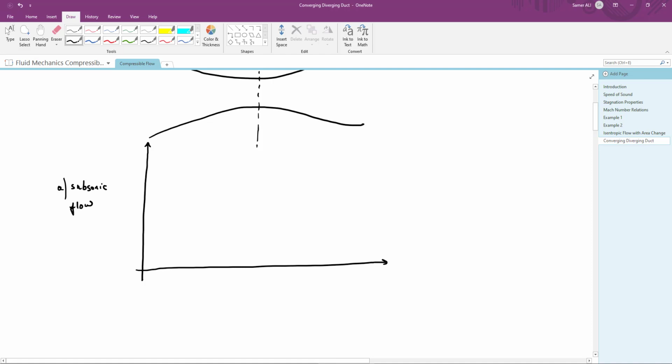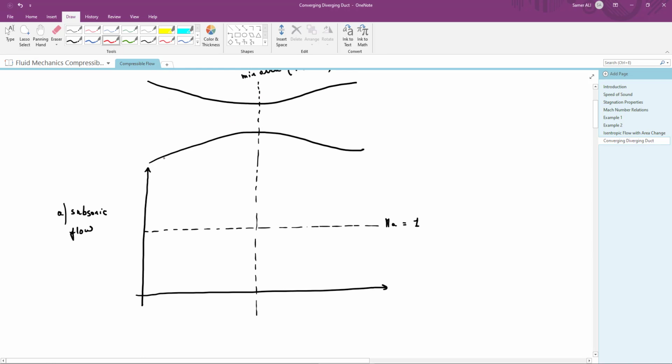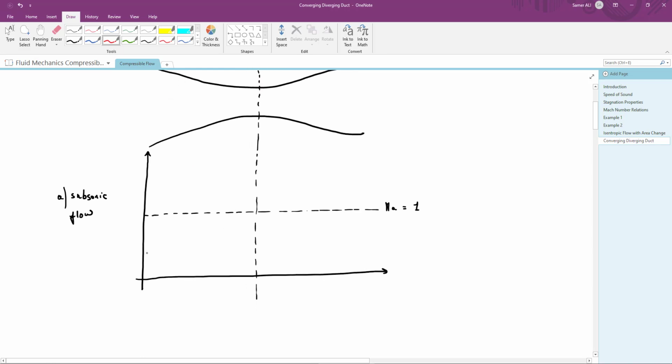Let's extend this line here to indicate the location of minimum area, and we will also draw a line to indicate the value of Mach number equal to 1. Now, starting from subsonic flow condition at the inlet, we know that the converging part here will act as a nozzle for subsonic flow. So the Mach number will increase until it reaches a maximum value at the minimum area location.